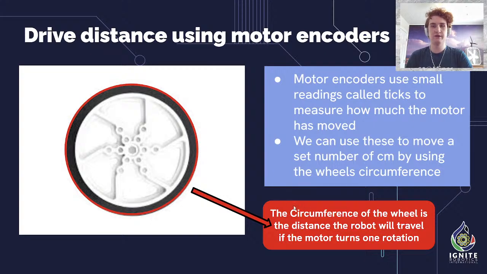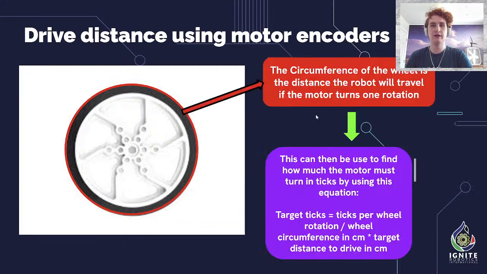The circumference of the wheel is the distance the wheel travels when you rotate a full rotation. So if we know that, then we can calculate the amount that the robot moves per tick using the fact that there are so many ticks per revolution.